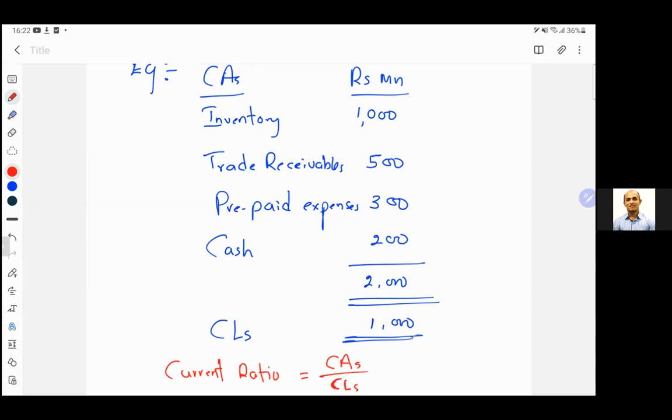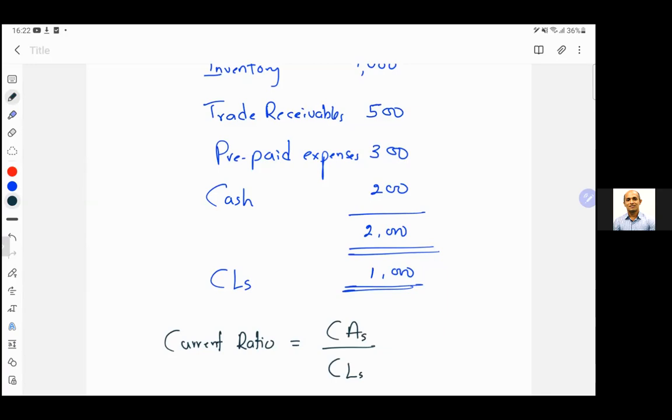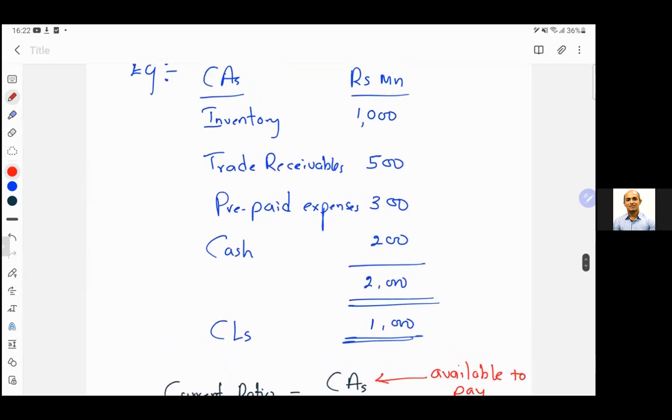So every time remember, you take only those current assets that are available to pay current liabilities.